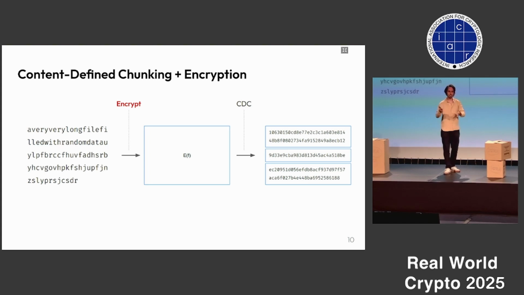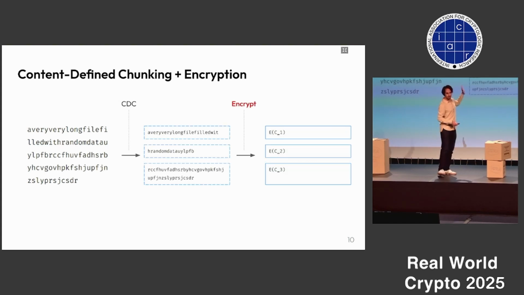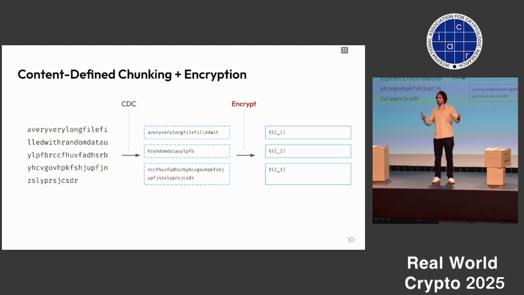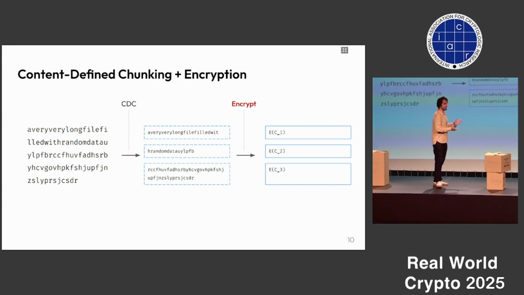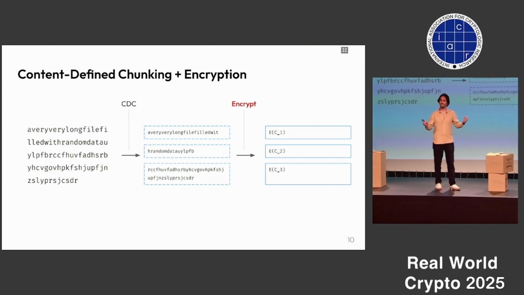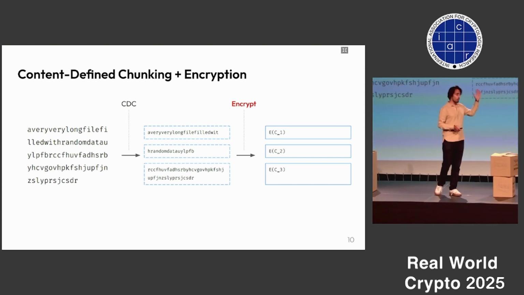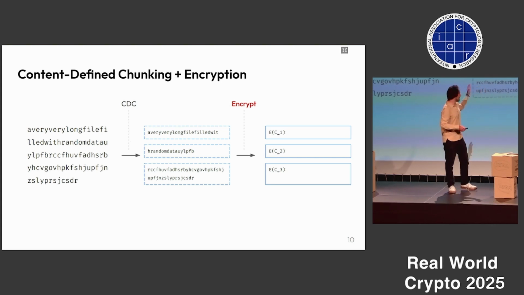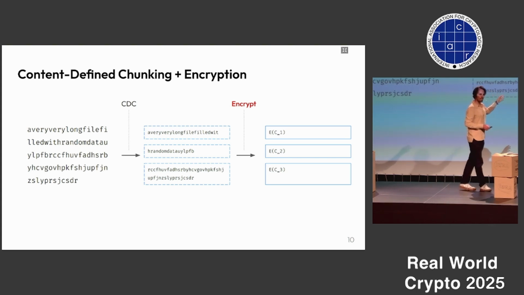Therefore, your chunk boundaries will be all over the place. So what we actually do is first we chunk and then we encrypt. But now encryption has, unfortunately or fortunately, this property that it mostly doesn't hide lengths. So we can take a look at the sizes of the chunks, and this will tell us something.